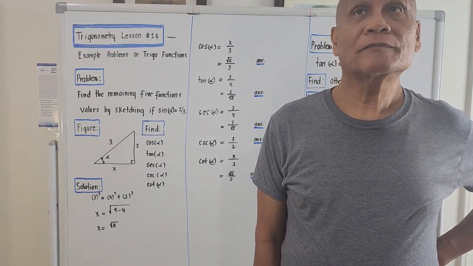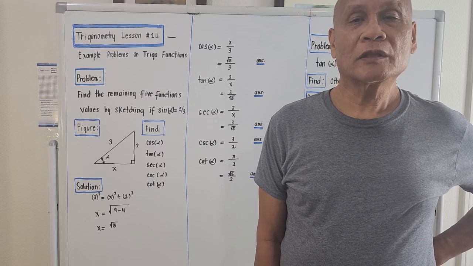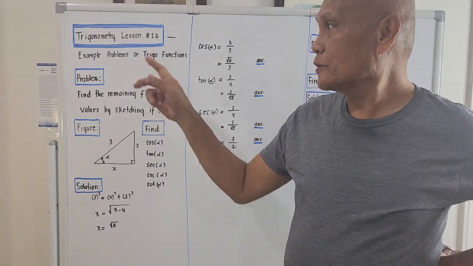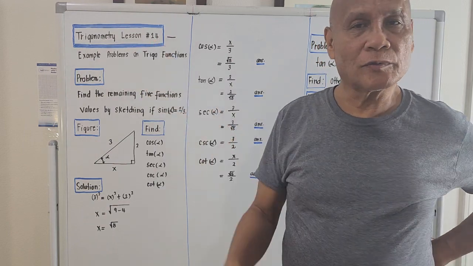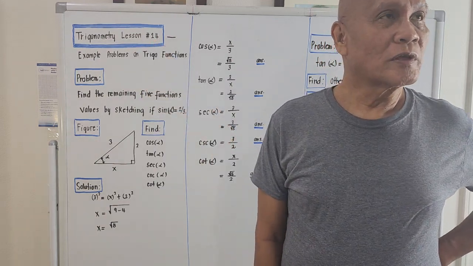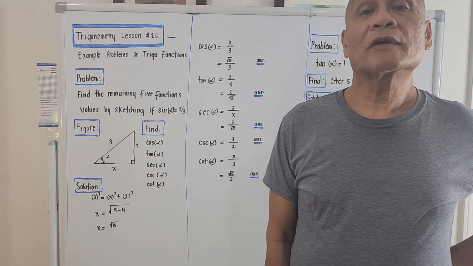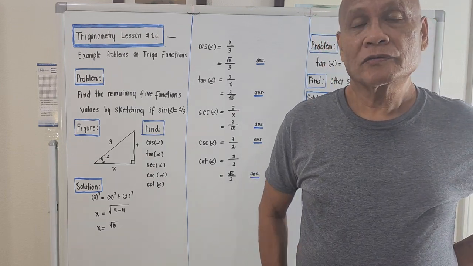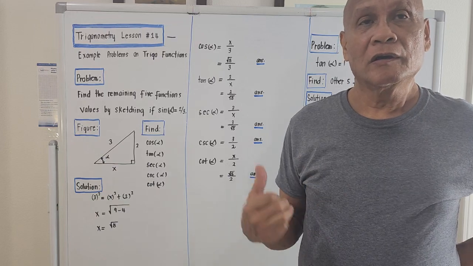Okay, my topic for this morning will be a continuation of my long video format topic, Trigonometry, and this is now lesson number 24. For this morning, I will be giving example problems on the so-called values of the other functions involving a right triangle.